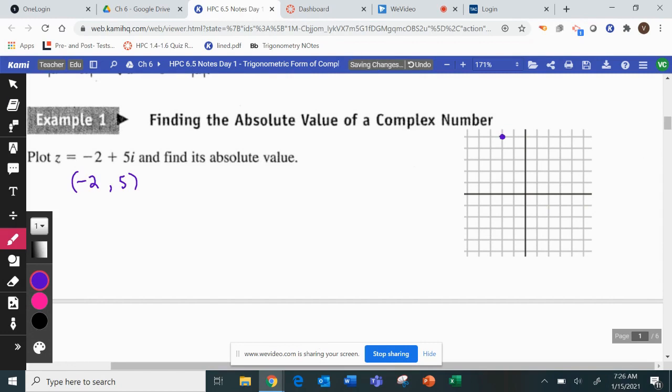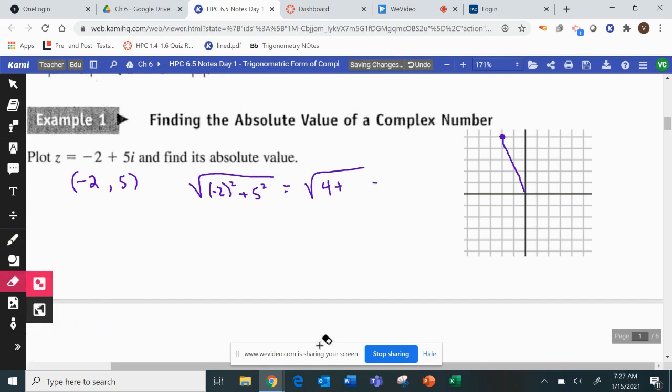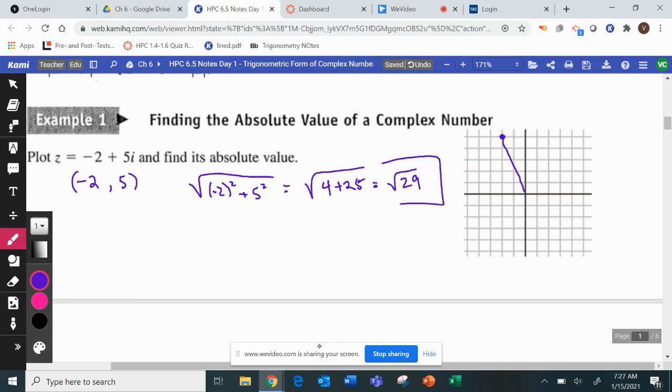Okay, and then we're going to find its absolute value. So we get the square root of 29 as the absolute value.